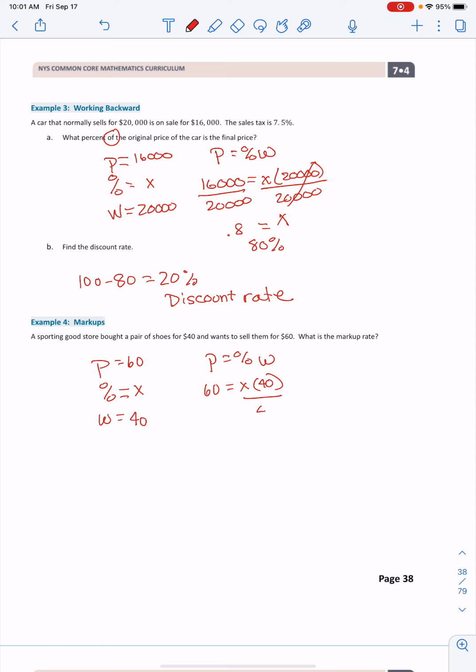If we divide both sides by 40, X is going to equal 1.25. Because it's 125%, we need to subtract 100 from that because of the markup. So our markup is 25%. And this ends our lesson.